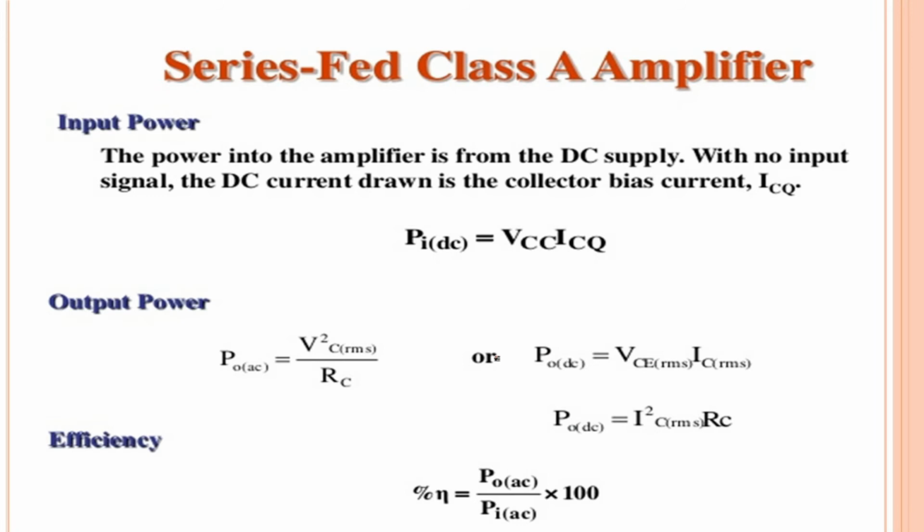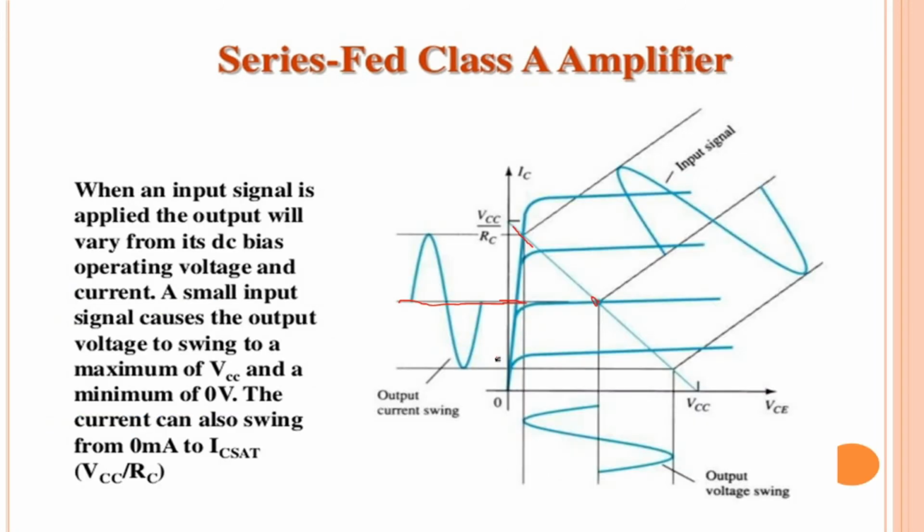After that we have to discuss the efficiency. In the previous video, we discussed the classification into class A, class B, class AB and class C. In that video we discussed the efficiency of the class A power amplifier. It is 25% and it is the lowest among all types of amplifiers. Why is it the lowest?